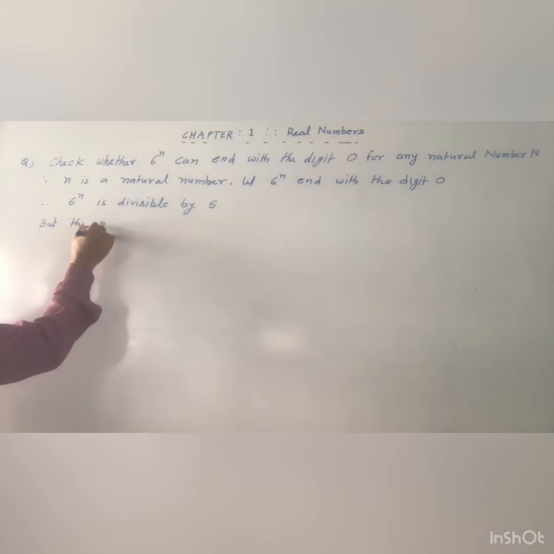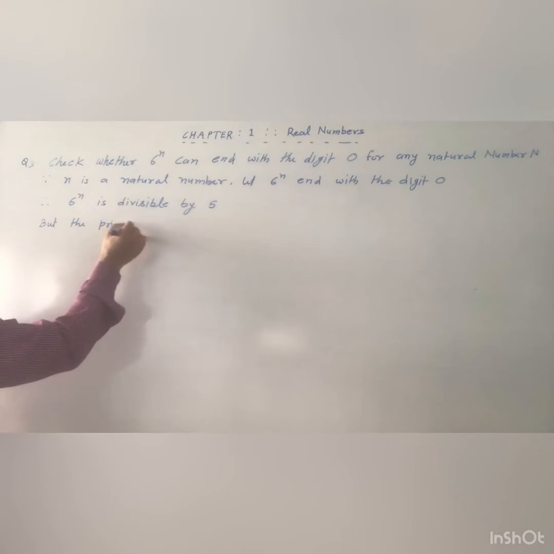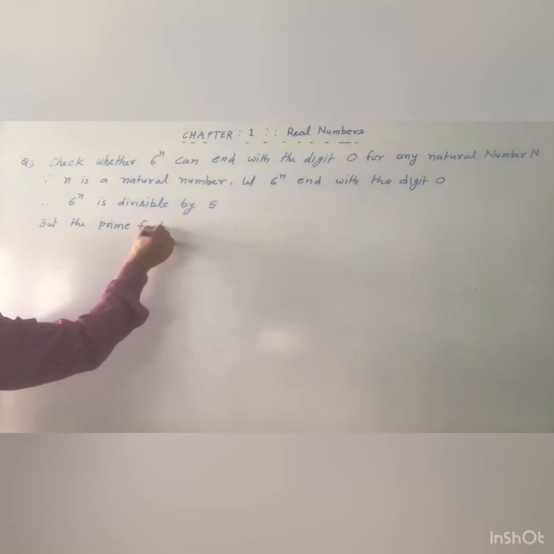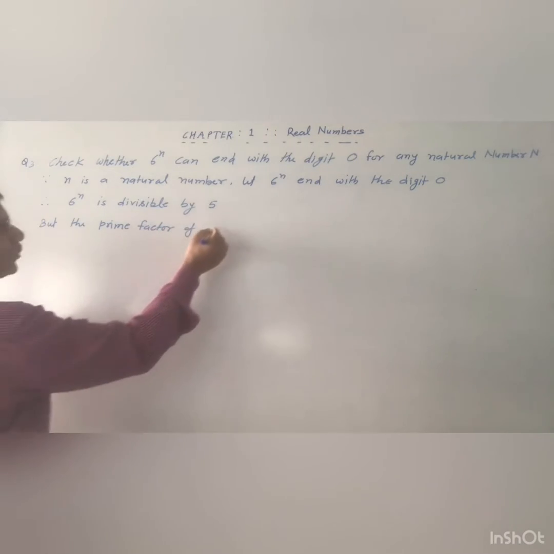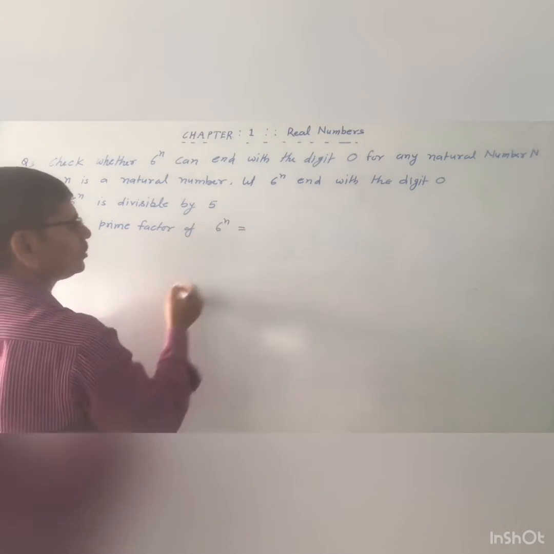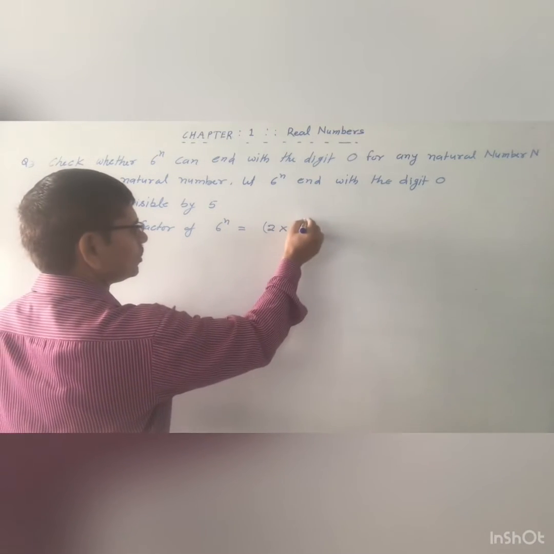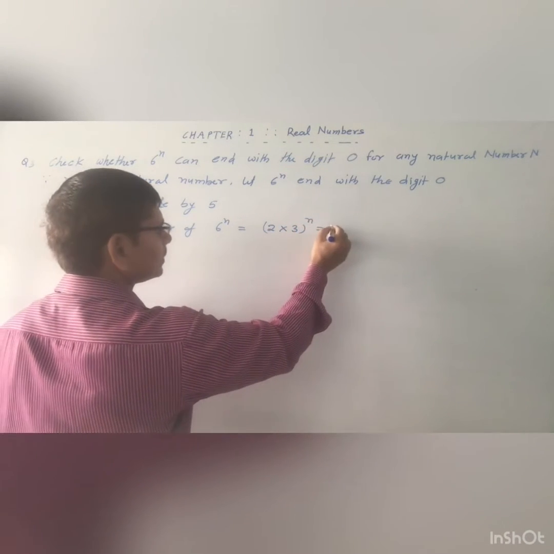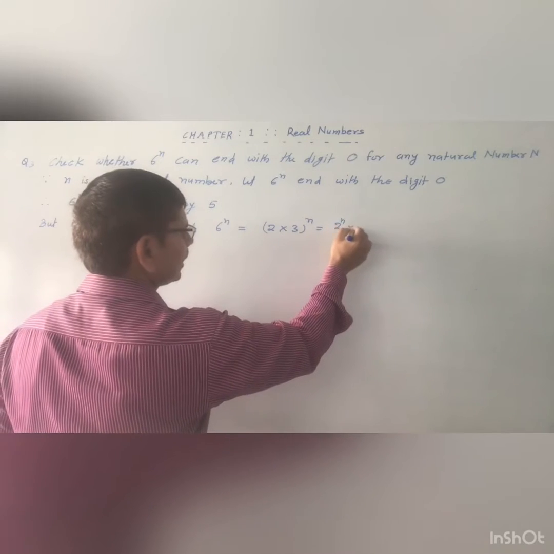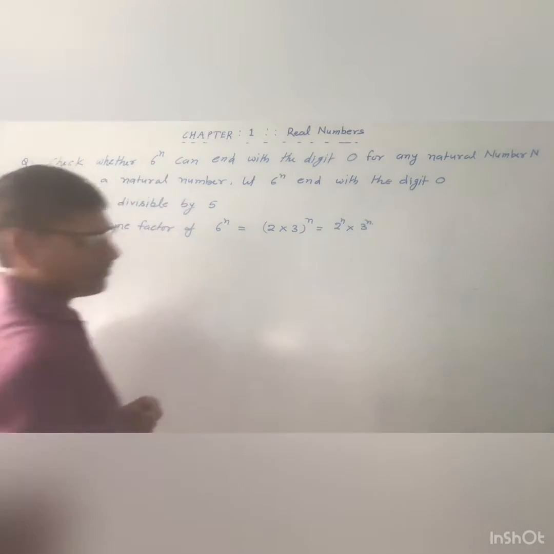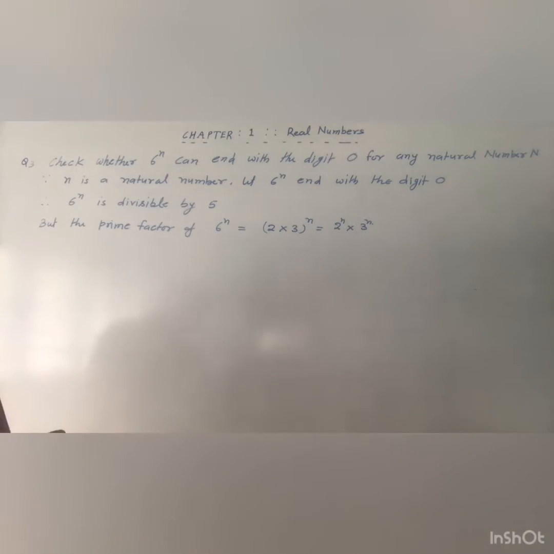But the prime factorization of 6 raised to the power n equals (2 into 3) whole raised to the power n, that is 2 raised to the power n into 3 raised to the power n. So this is the prime factorization of 6 raised to the power n.